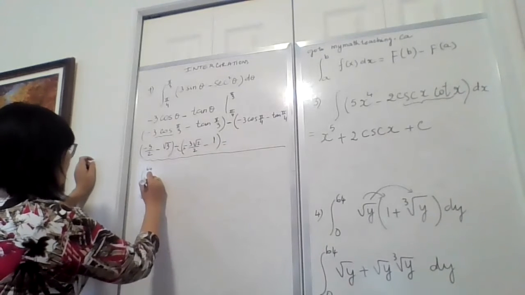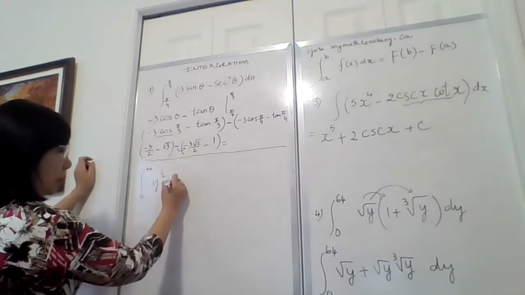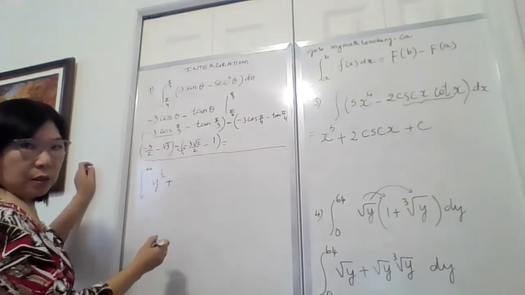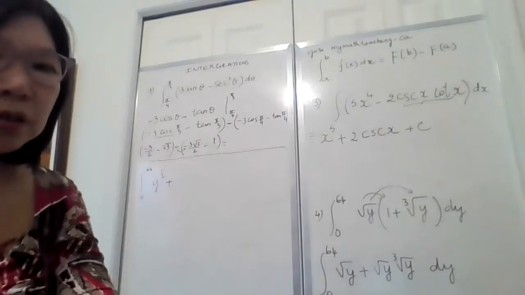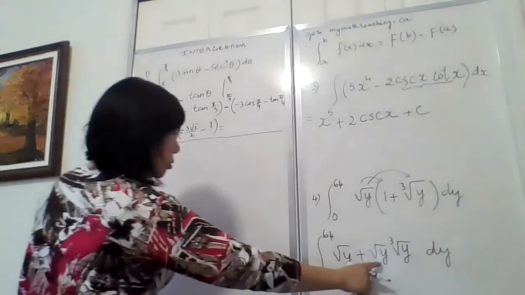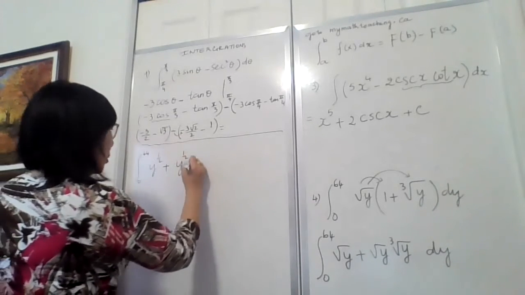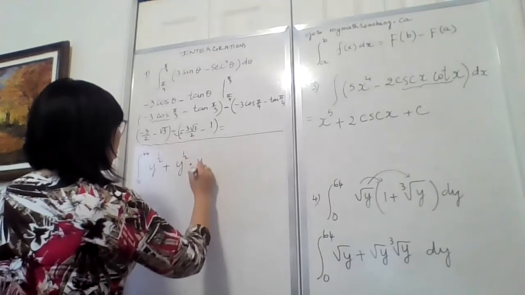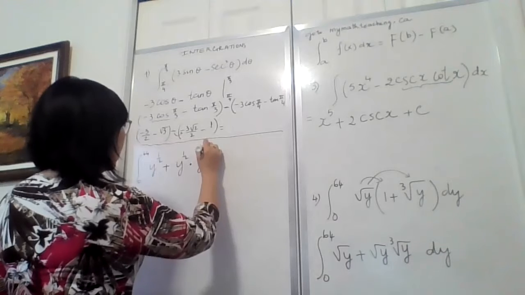So I'm going to say this is y to the power 1/2, adding with this, which will be y to the power 1/2 times, and I put a dot as the times, y with the power 1/3.